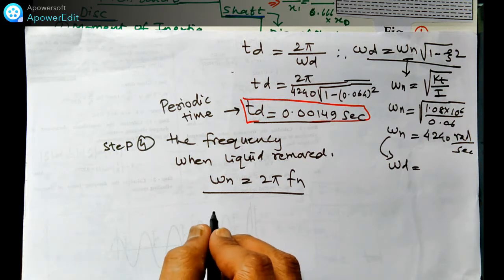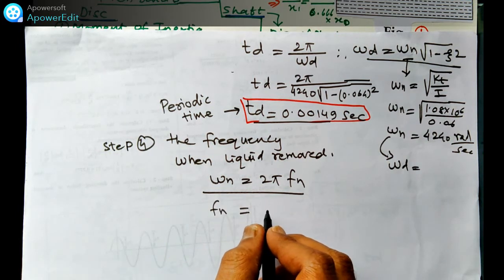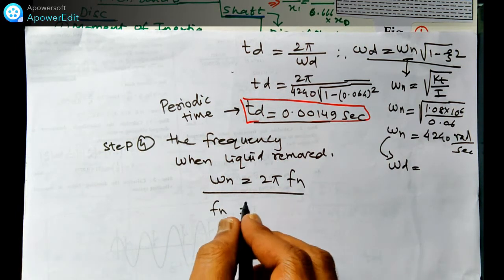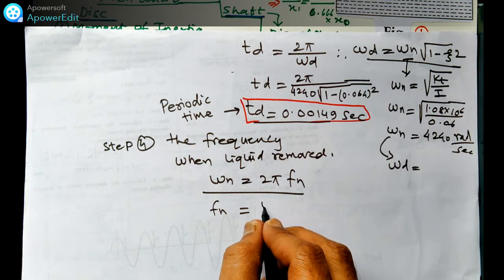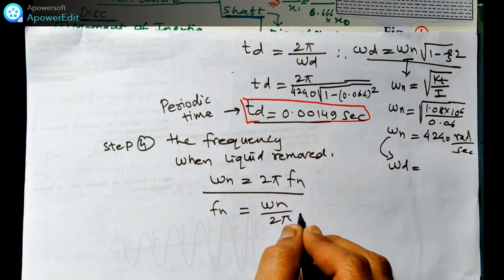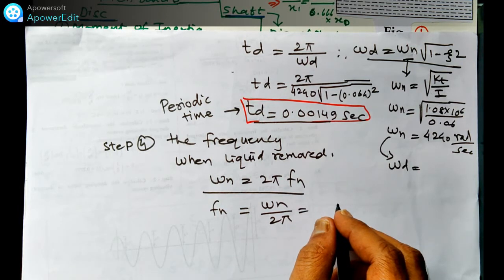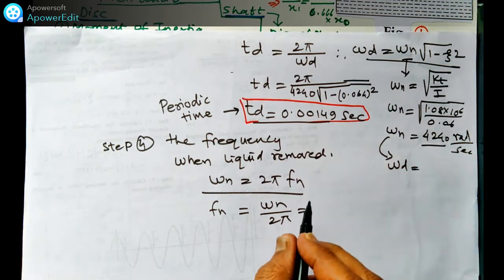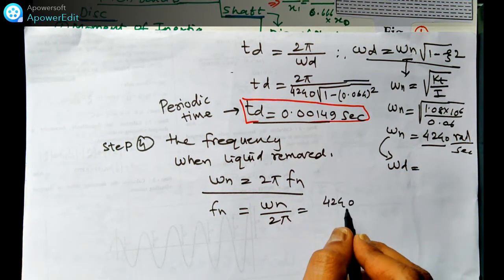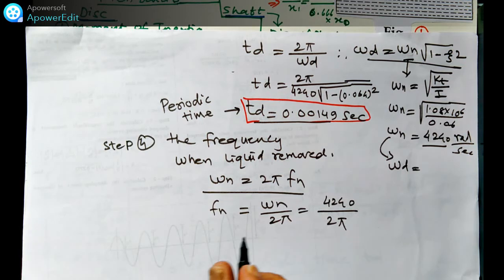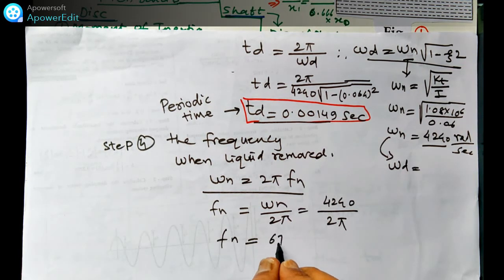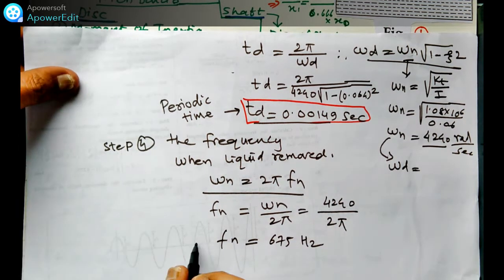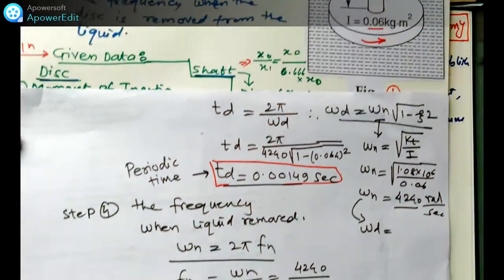So how can we find out Fn? We can find it by using the formula omega n by 2 pi. We know omega n is the value we just calculated here, 4240 upon 2 pi. So what is Fn then? Fn becomes 675 Hertz. This is the frequency of oscillation for the torsional vibration.